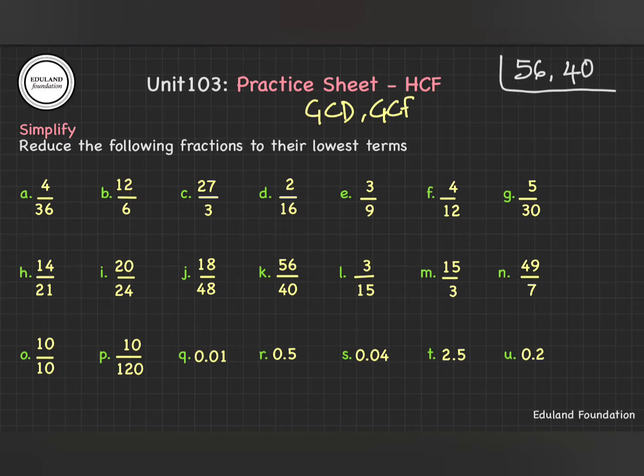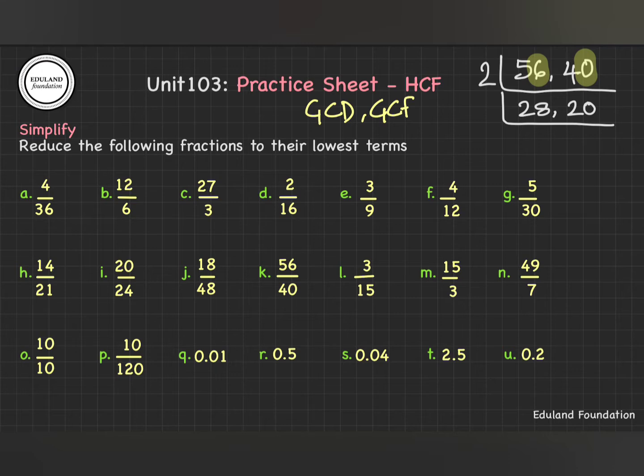Since I see 6 in the units place and 0 in the units place here, I start from 2. So prime factorization: 2 is the smallest prime number, and 2 divides 56 and 40 equally. So 2 times 28 is 56, and 2 times 20 is 40.